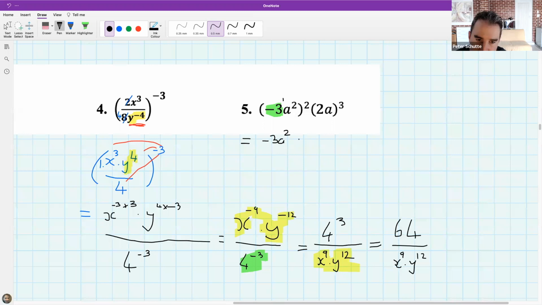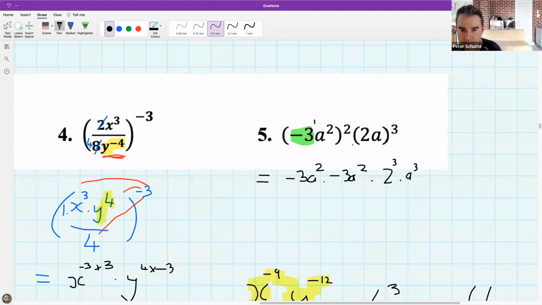So -3a squared is the same as that. And then the one on the end here, the 2a cubed, that's a bit easier to see what goes on. You get 2 to the 3 times a to the power of 3. Let me zoom in a bit so you can just focus on this question.